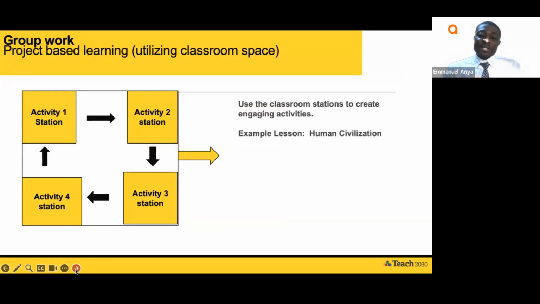And then, since I have limited resources, for instance, if I'm taking a lesson as a history teacher, I want to teach them the evolution of mankind.